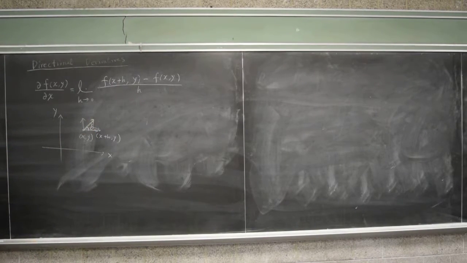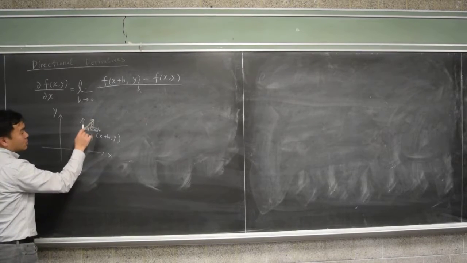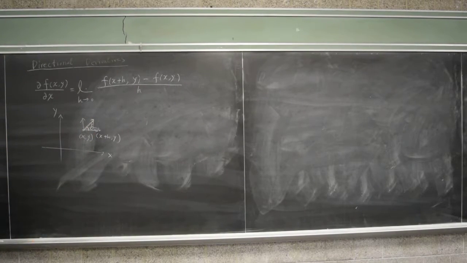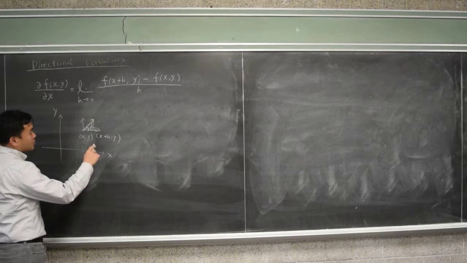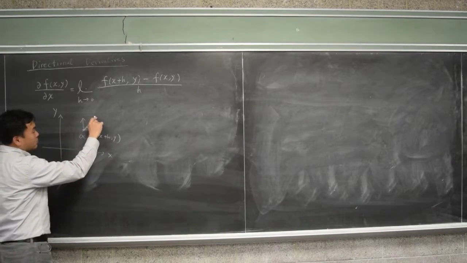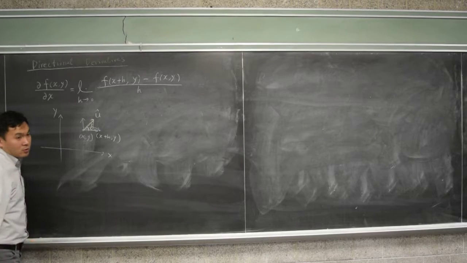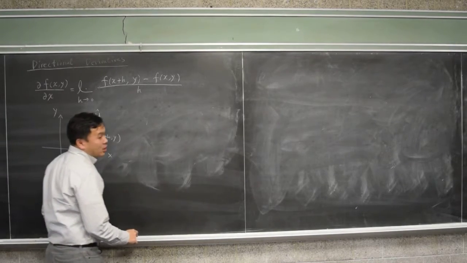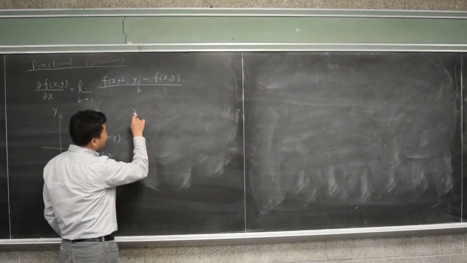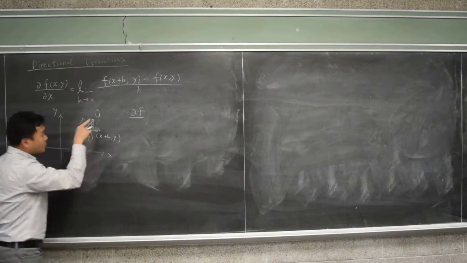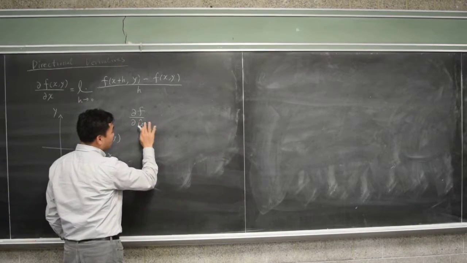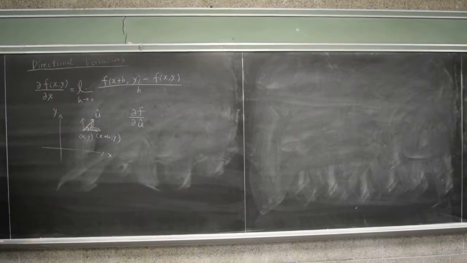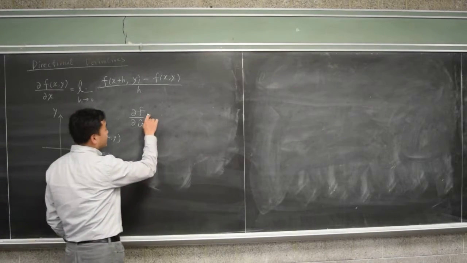Now we can write down the formula for the rate of change of this. And by the way, usually the formula is written in the following way. If you call this vector u hat, the rate of change of the function f as you go along this direction is called partial f partial u of x, y.